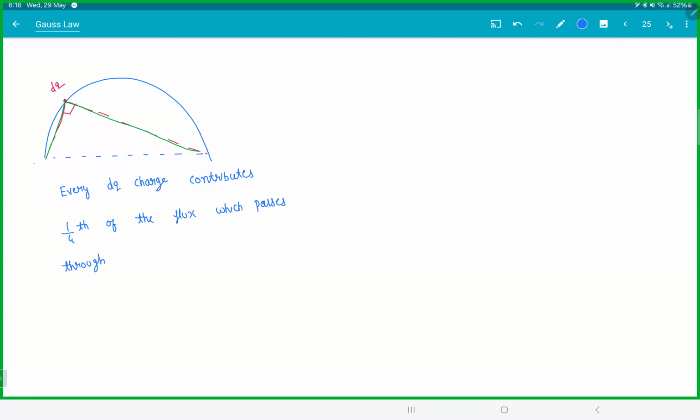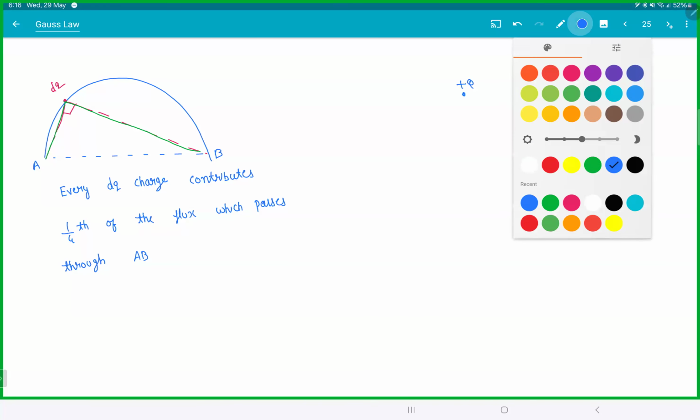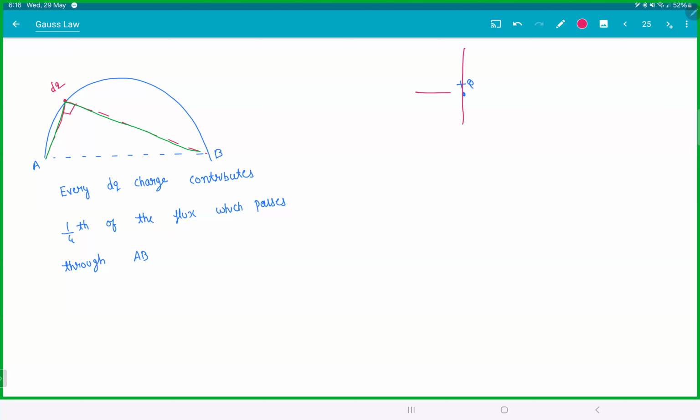Which passes through, let's call this line AB. Because see, if you look at the dq charge, the field lines will be going in all directions, but you're taking 90 degrees here, so 1/4 of that will cross through. So if you take a plus q here, 360 degrees is giving q by epsilon.